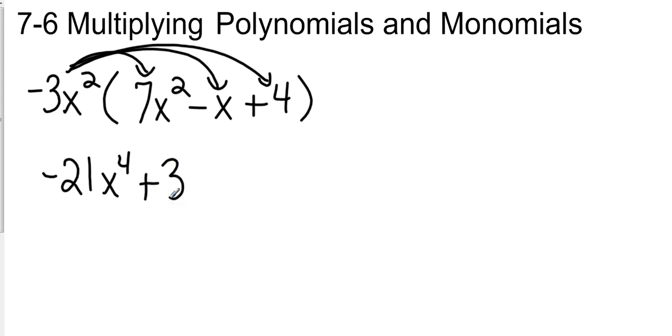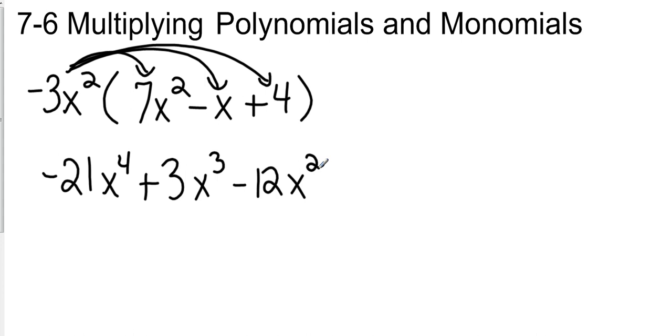X squared times x is going to be x to the 3rd. And then finally I have negative 3 times positive 4, which is negative 12. And because the 4 doesn't have an exponent on it at all, we just take the one that's connected to the negative 3x squared. So negative 21x to the 4th plus 3x to the 3rd minus 12x squared.